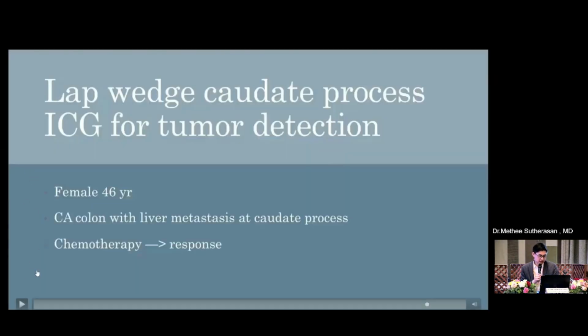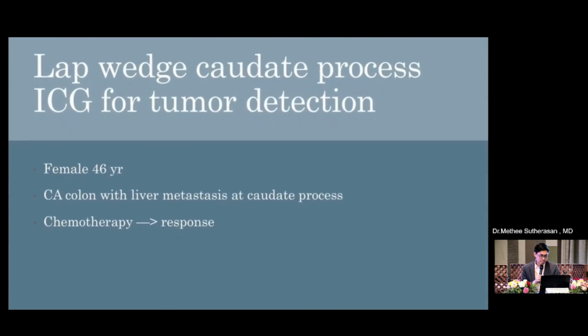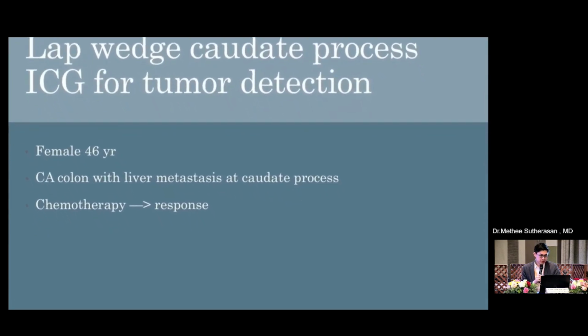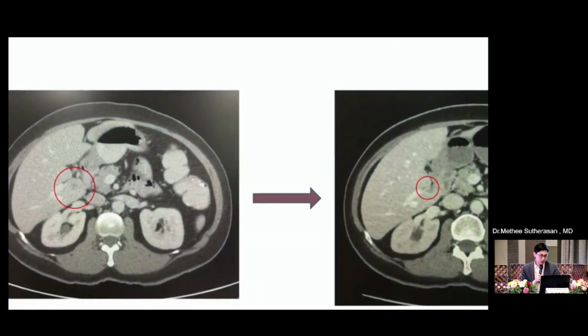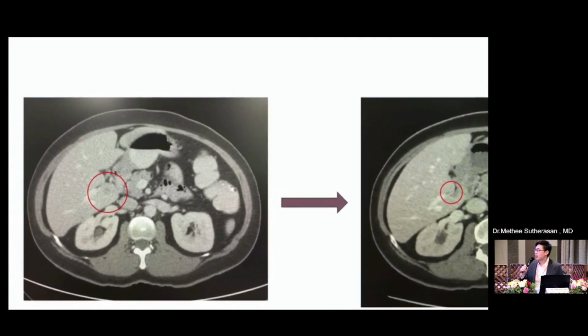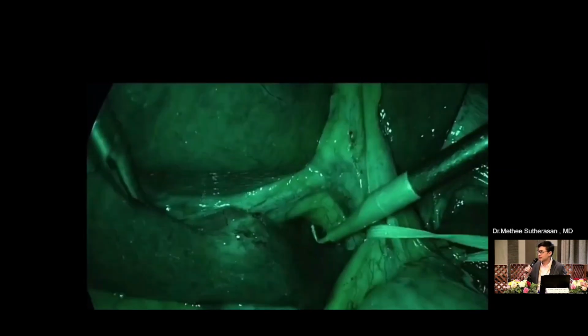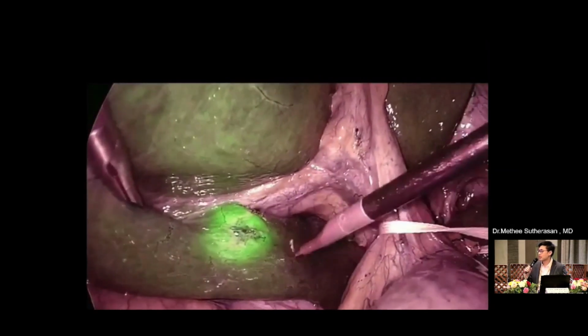In this case, this is a patient with liver metastasis from colorectal cancer at the caudate prostate. From the CT scan, you can see that the tumor decreased in size after the chemotherapy, and the tumor is near the posterior portal pedicle.